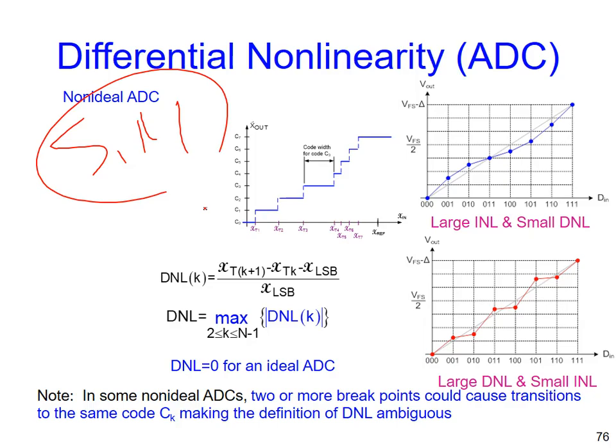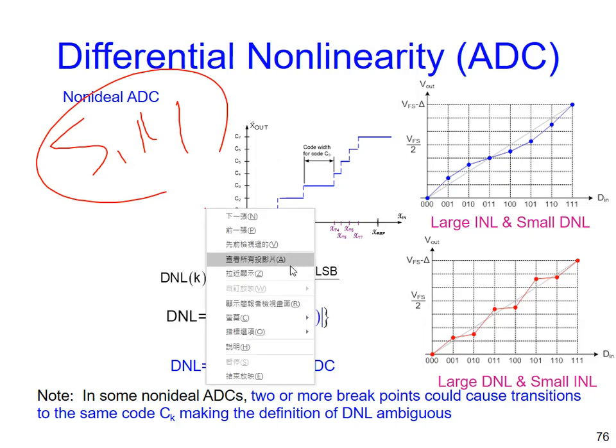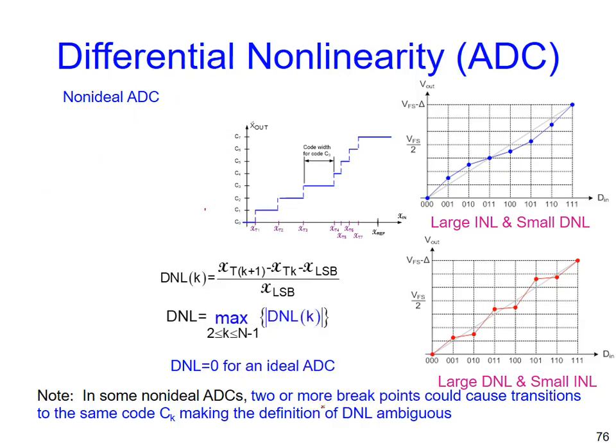For example, you have a lot of resistors for your flash ADC. Oh, resistor, right? By the notation, 编号, 1, 2, 3, and 4.